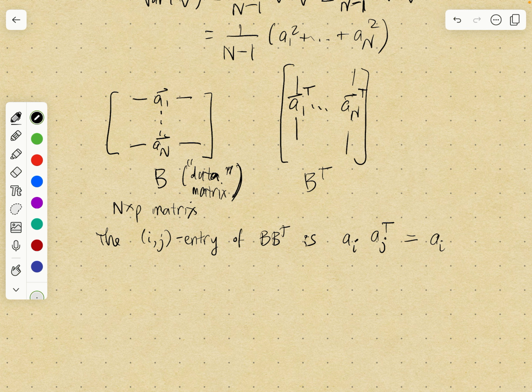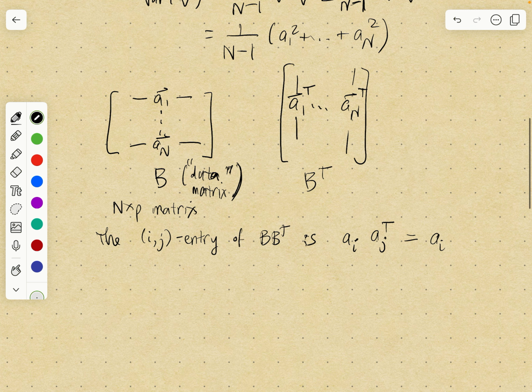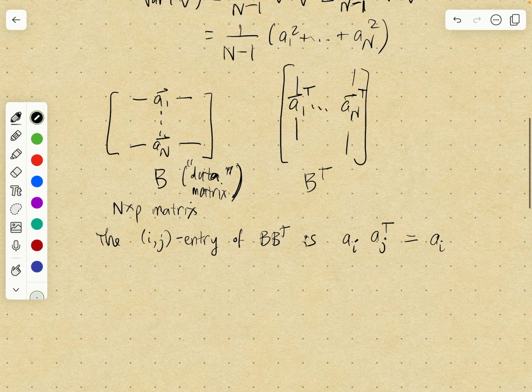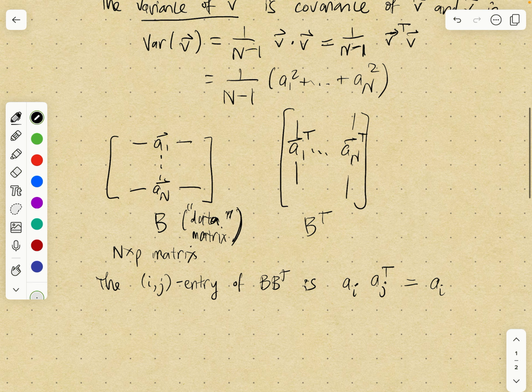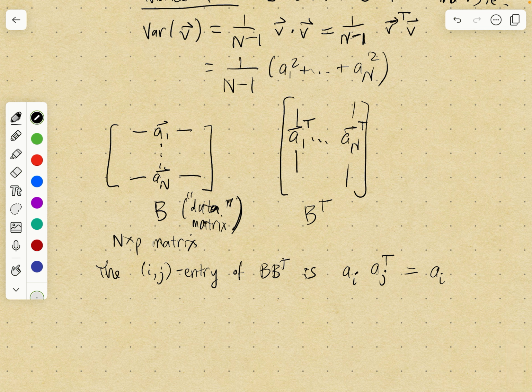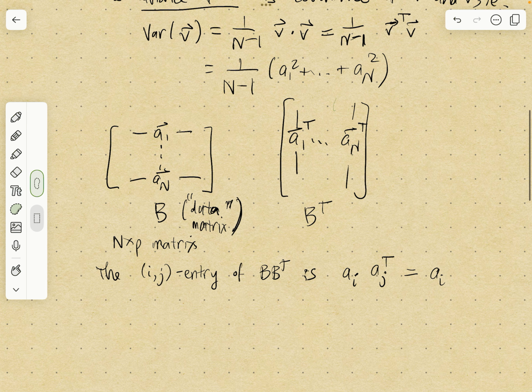I guess to keep in with the notation, it's the dot product of AI. Okay, I'm mixing up the rows and columns, but it's not really a big deal. The point is that you do the dot product of the ith row with this column, right? When I was talking about the dot product, I'm thinking of two column vectors, so that's why the notation is a bit messed up.